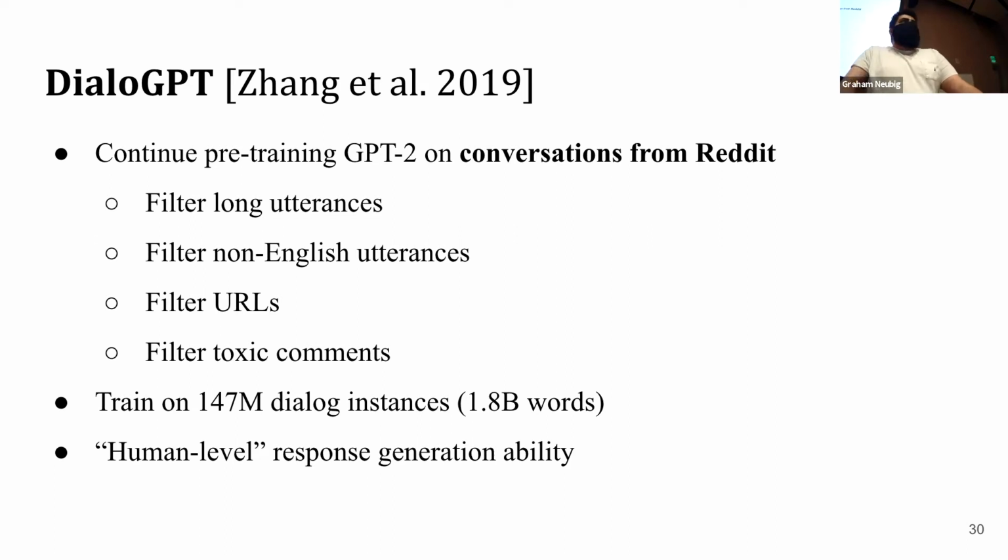What this goes to show is that pre-training is a viable mechanism of generating really good responses, but it's still not at the point where they can have better dialogues than humans can.